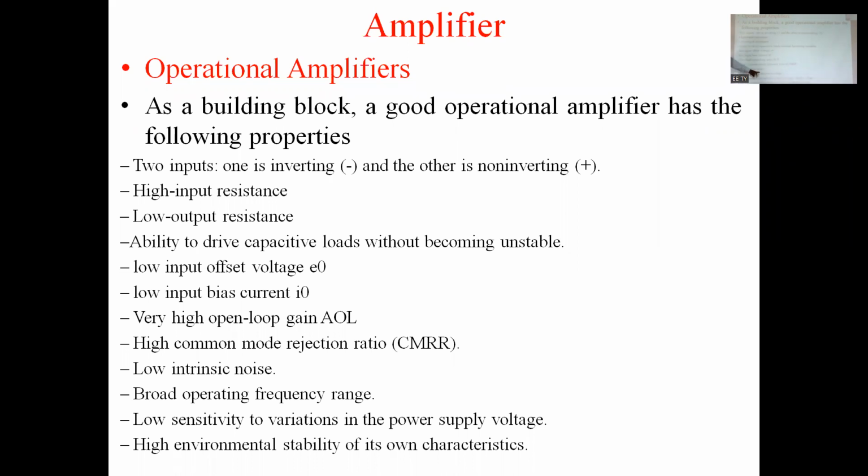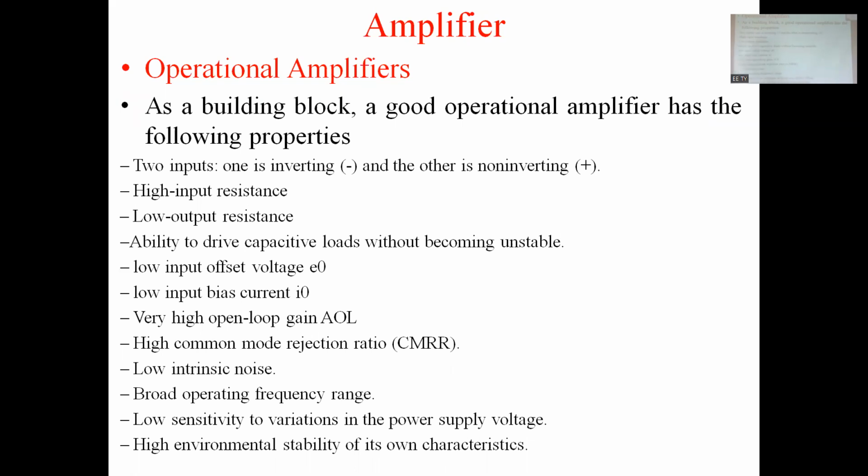Then low intrinsic noise, that is, noise should be low. Then a broad operating frequency range, so it can operate over the maximum frequency range. Then low sensitivity to variation in the power supply voltage.